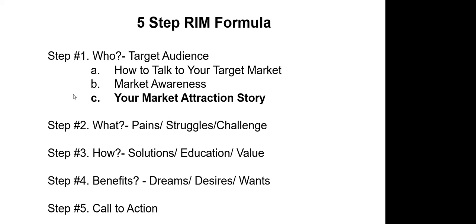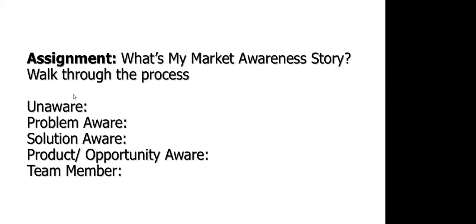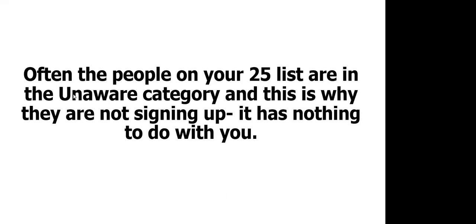I want you to be able to walk through your process because it's going to be more eye-opening and it's going to help you see where others are at. Okay? So what's my market awareness story? You're going to walk through the process: the unaware, the problem aware, the solution aware, the product opportunity aware, and team member, okay? So often the people on your 25 list are in the unaware category.